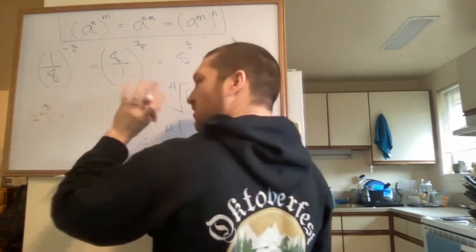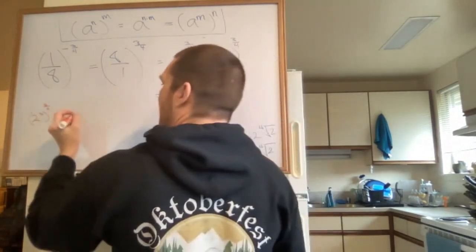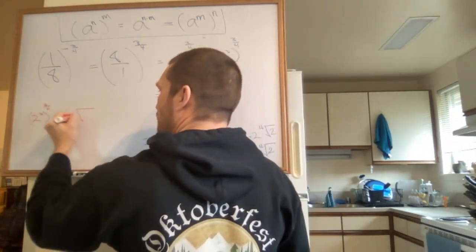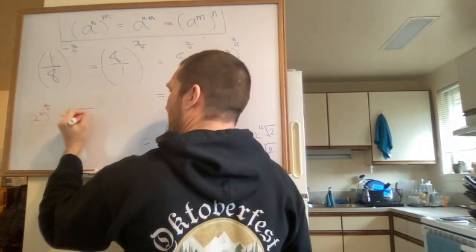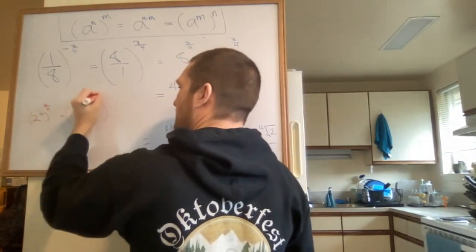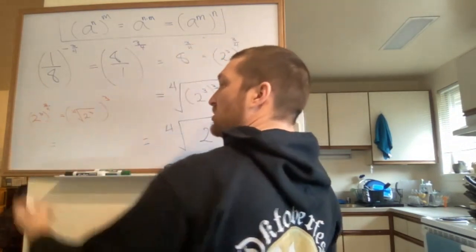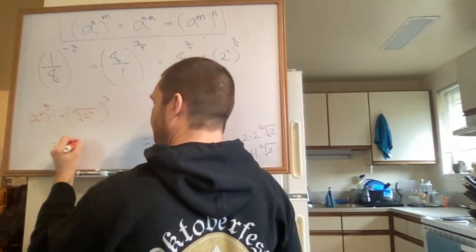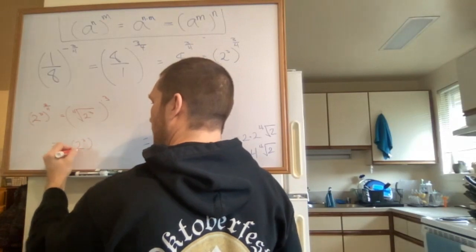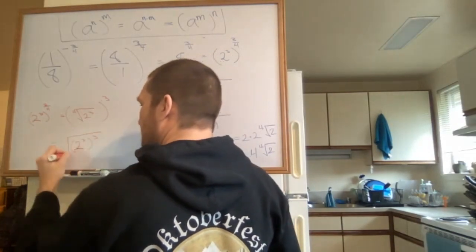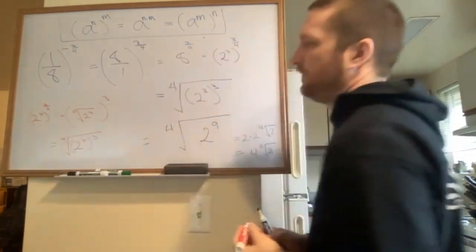There are 2 ways of doing this. I could think about this as the 4th root of that stuff and then cube it, or I could go in the opposite direction: take that stuff, cube it, and then take a 4th root.